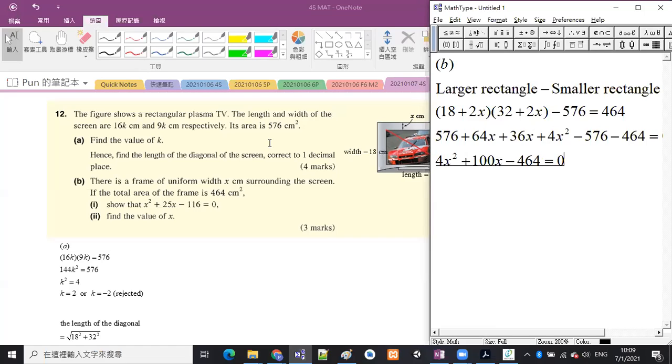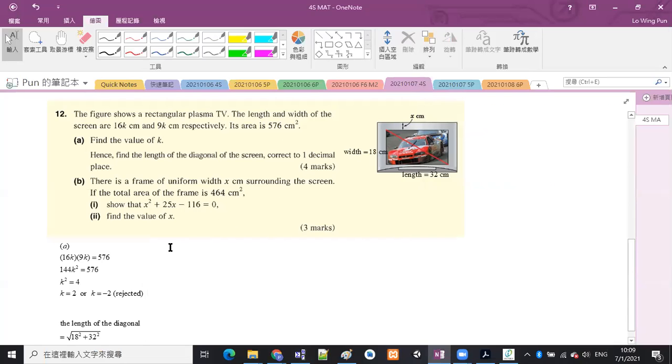All of the numbers are multiples of 4, so you just need to divide every term by 4. Okay, so x squared plus 25x minus 116 is equal to 0. And that is what we want to show in B1.